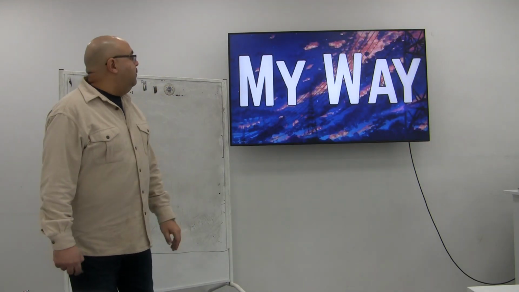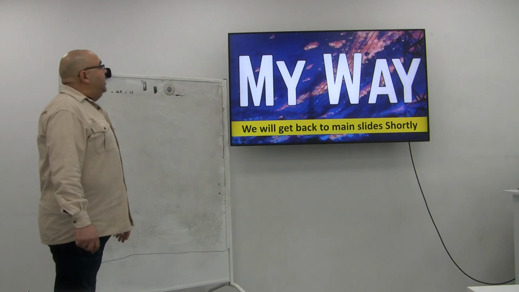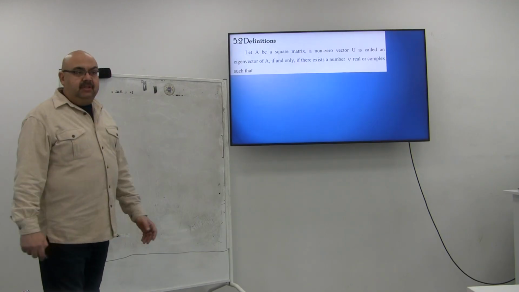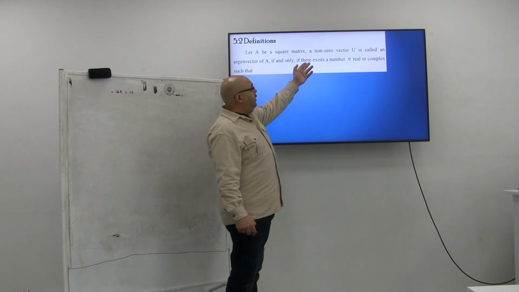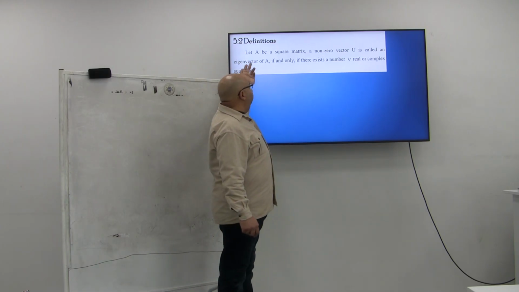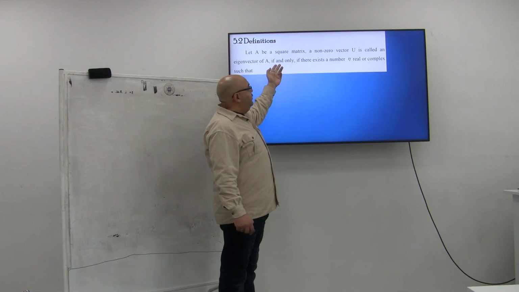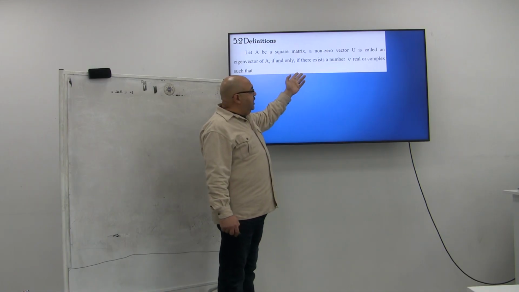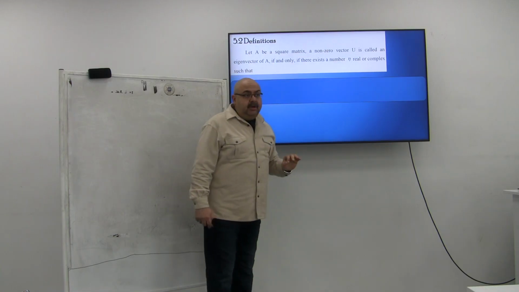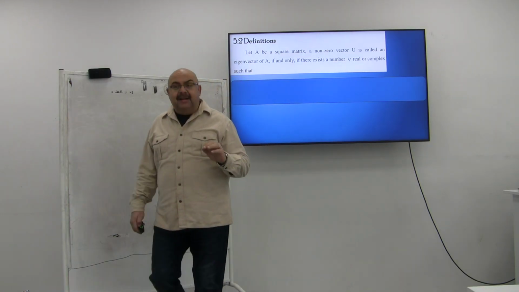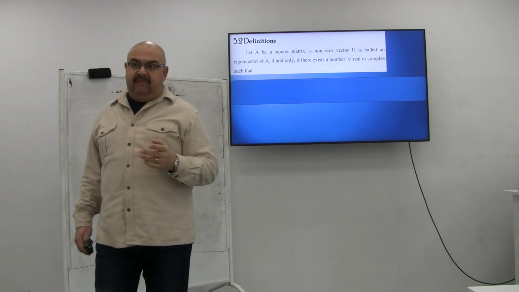Okay, what about the exact definition of eigenvalues and eigenvectors? Let A be a square matrix. A non-zero vector U is called an eigenvector of A if and only if there exists a number eta, real or complex, such that the condition holds. We need to find a vector and a scalar value.